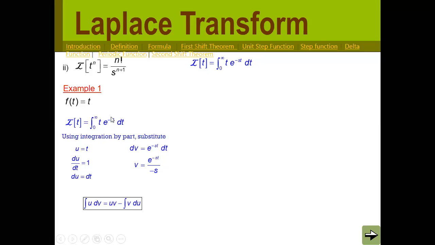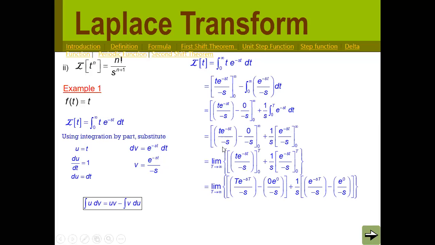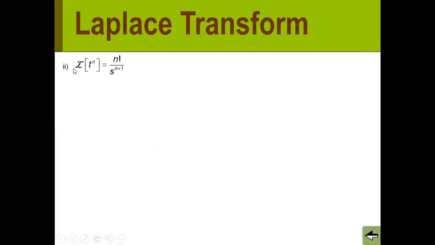There is exponent minus st, and we use integration by parts, and we get the answer. So the answer is n factorial over S^(n+1).